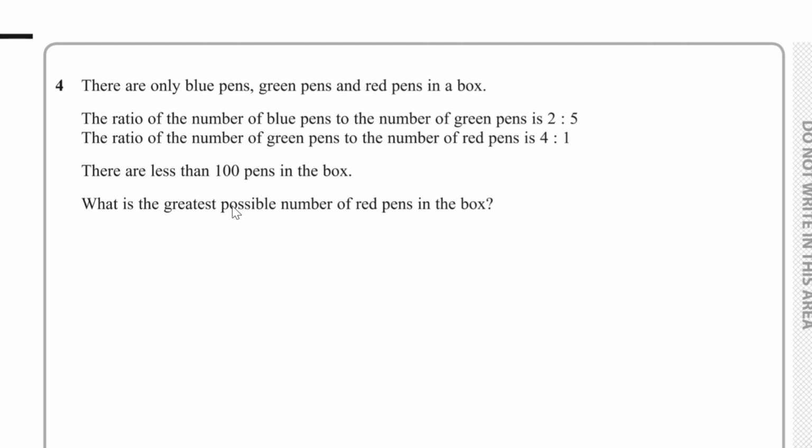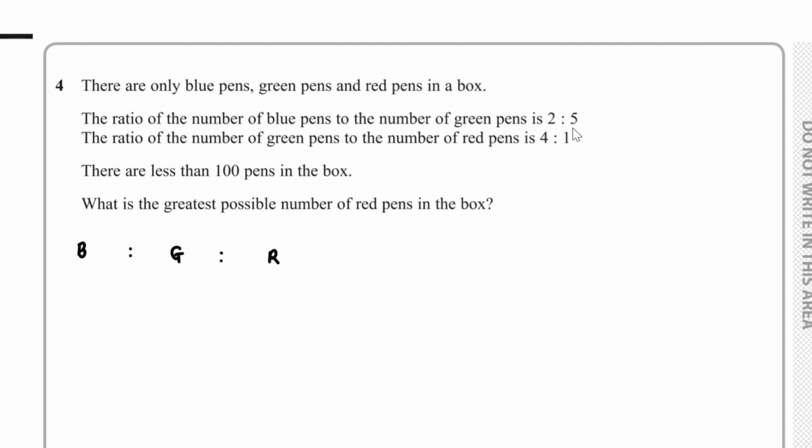Well, if we take a look at the ratio of blue to green to red, well, if we consider the ratio blue to green, that's 2 to 5, and green to red, that's 4 to 1.